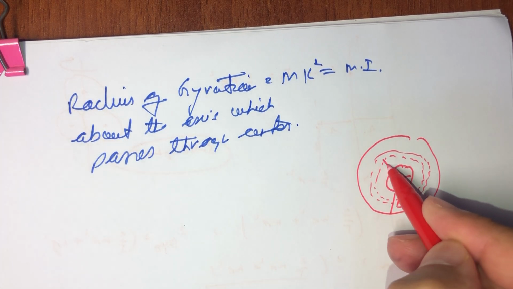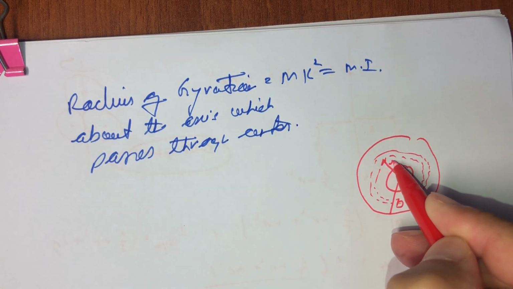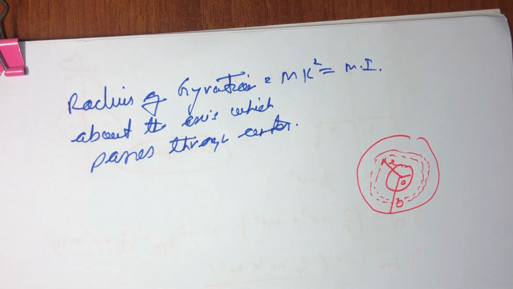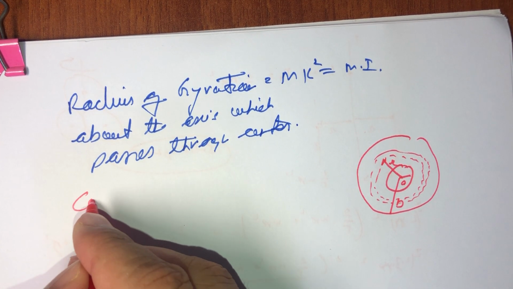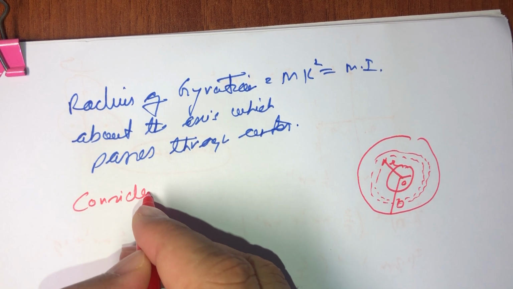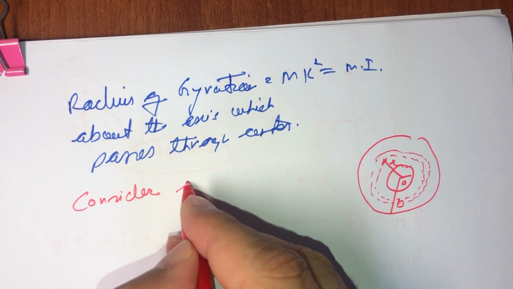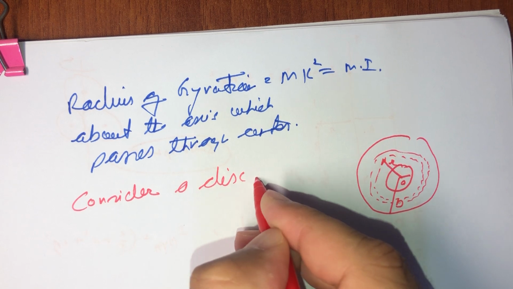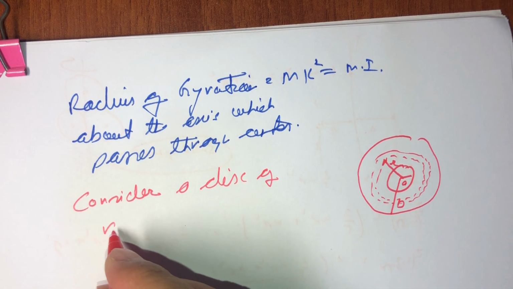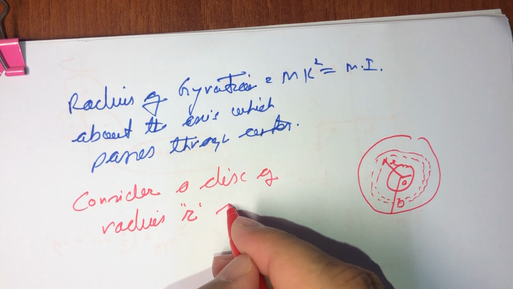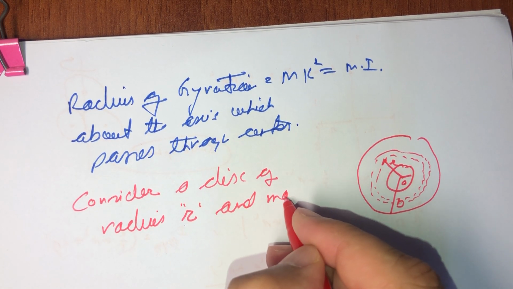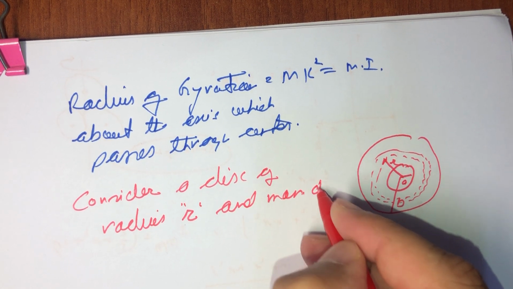So this is a disk of radius r and it is having a mass dm.